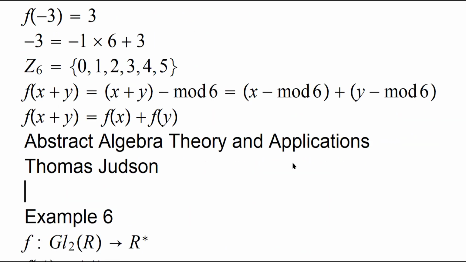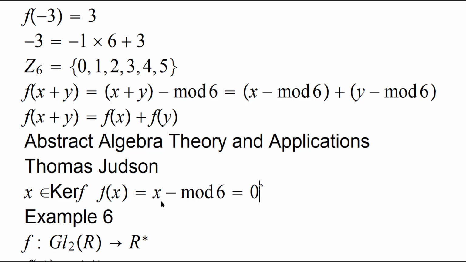Okay, so in that case, if x is in the kernel of f, then f(x) is going to be x mod 6, which will have to be 0, right?